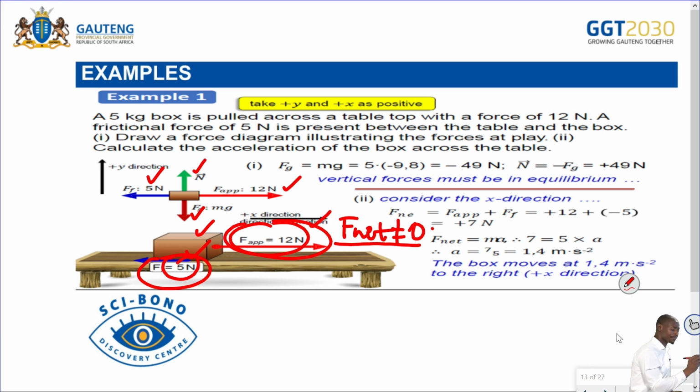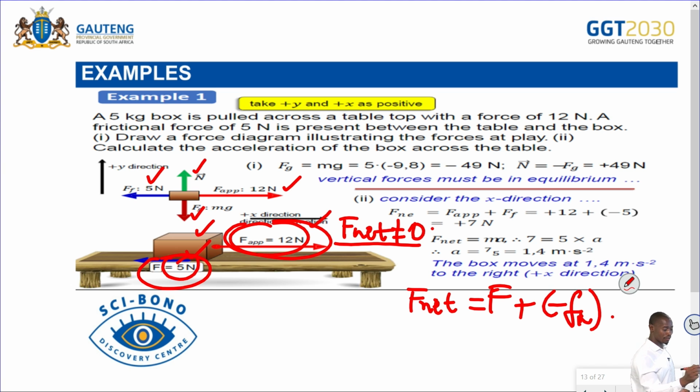Then we can also calculate the net force acting on that object. So I'm looking for F net here. How many forces am I having here? There are 2: the applied force, which I'll just write as F, and the frictional force. But the frictional force is acting in the opposite direction, so it is going to be negative. I'm taking right, the direction of motion of this object, as positive.